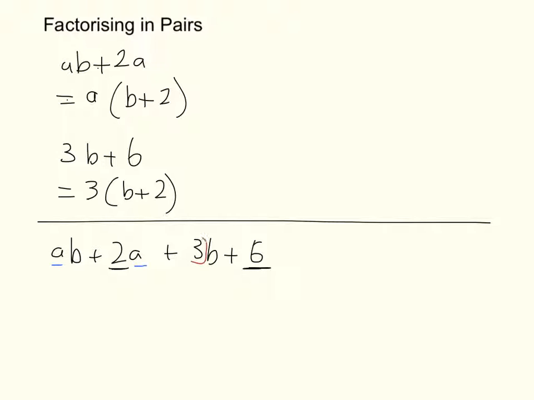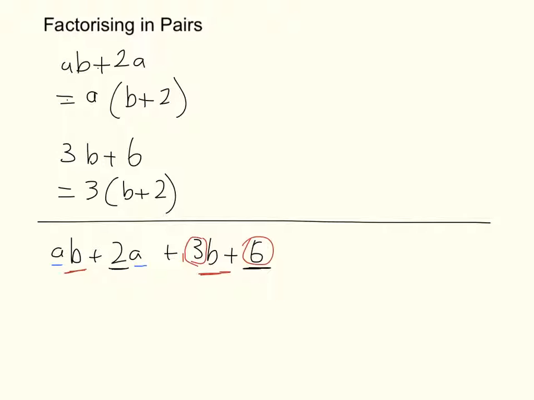These ones share a common factor of 3. Then we've of course got these ones that share B's, but you'll notice that nothing's actually been all colored with the same thing, so they don't share the same common factor across all 4 terms.